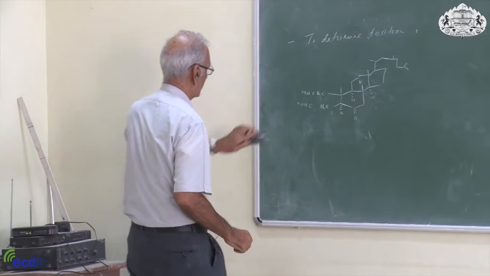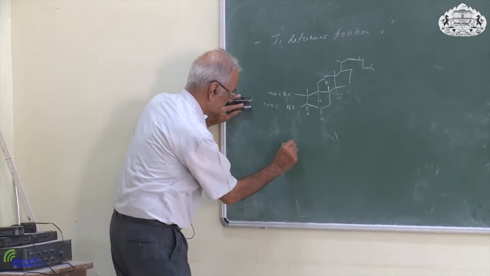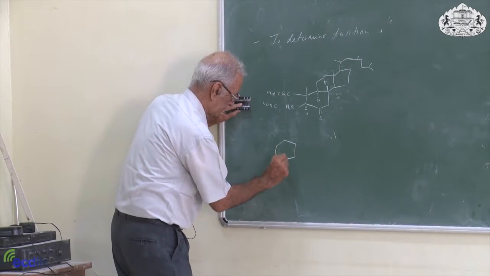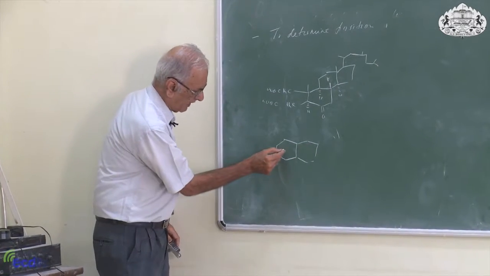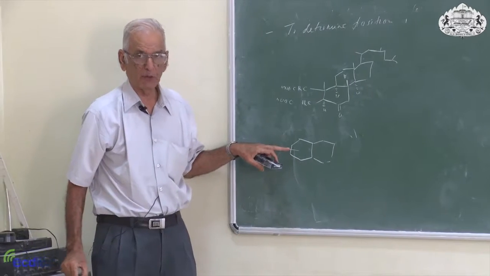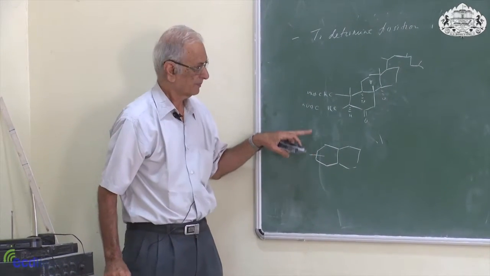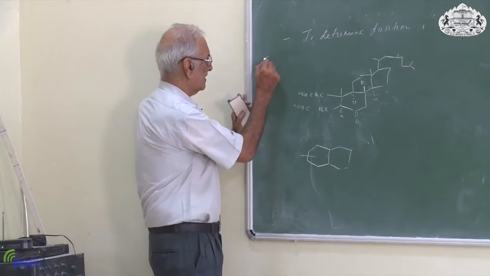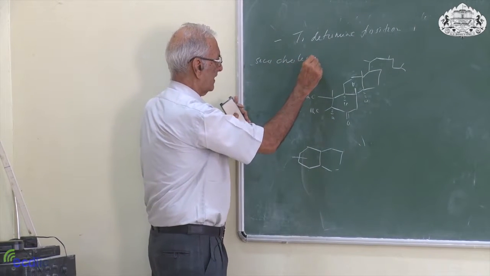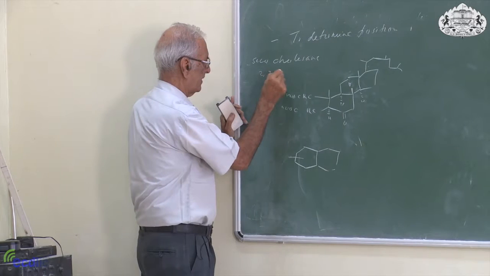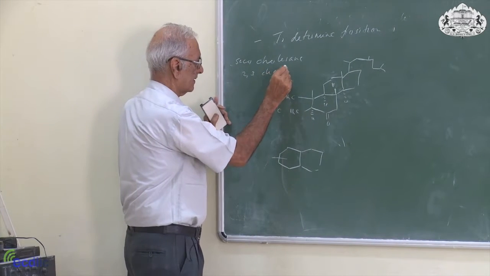In a normal steroid, that would have been the ring. What we have done? We have broken the ring at this place. We call this a cholestane 2,3-dioic acid.